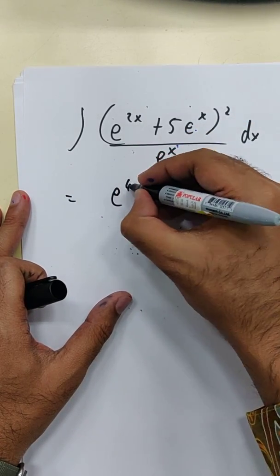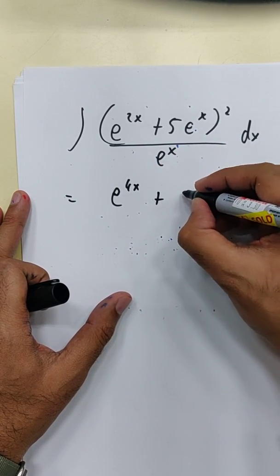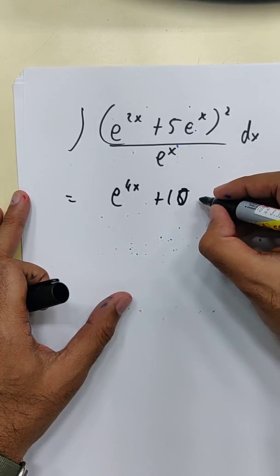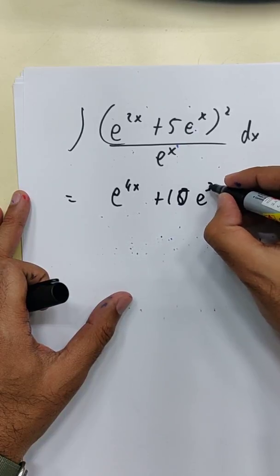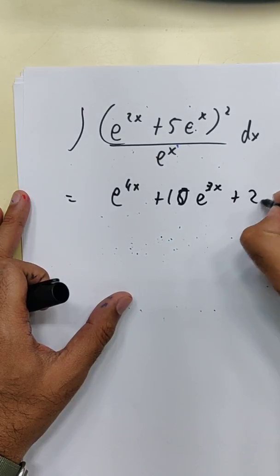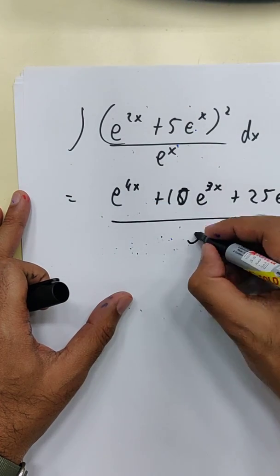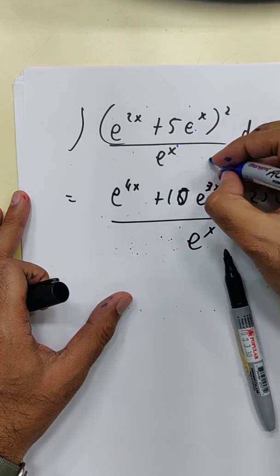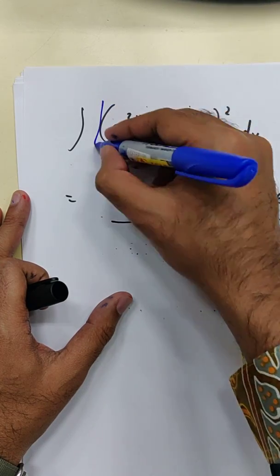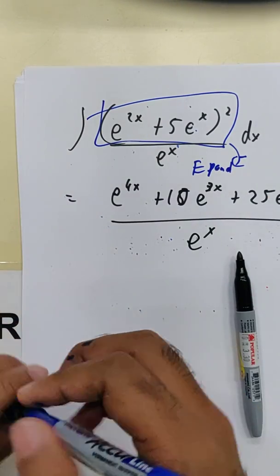this one you expand: e^(4x) plus 10e^(3x) plus 25e^(2x). So what I did here first is I expand. And once I expand, what do I do now?